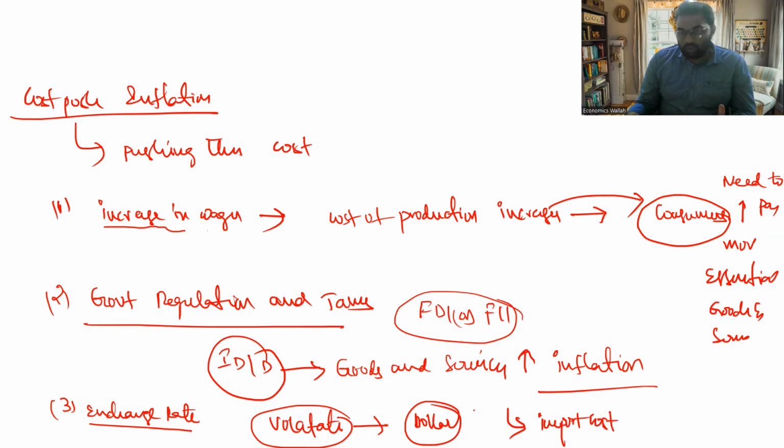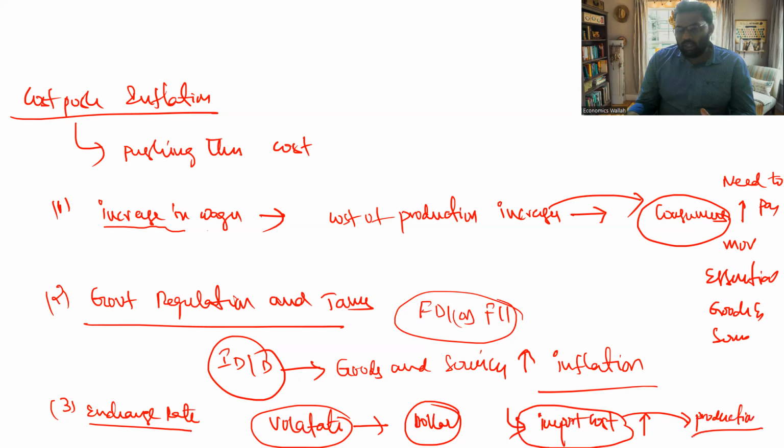The producers in India want to import some intermediate goods from, let's say, China, Vietnam, or Russia. At that time, if there is any volatility in exchange rates, the import cost sometimes increases, which means the production cost also increases in India.